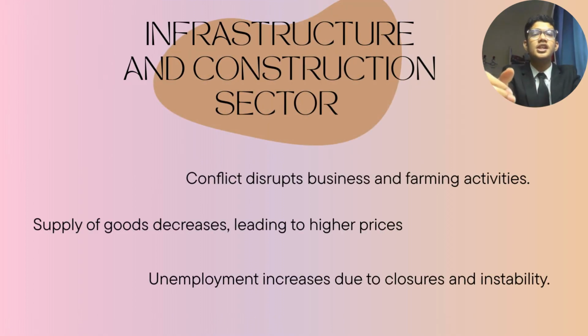Finally, we see how conflicts devastated the infrastructure and construction sectors, reducing the supply of goods and pushing prices up. The page also provides a summary list of all the affected sectors we have discussed, from oil to the industrial policy.